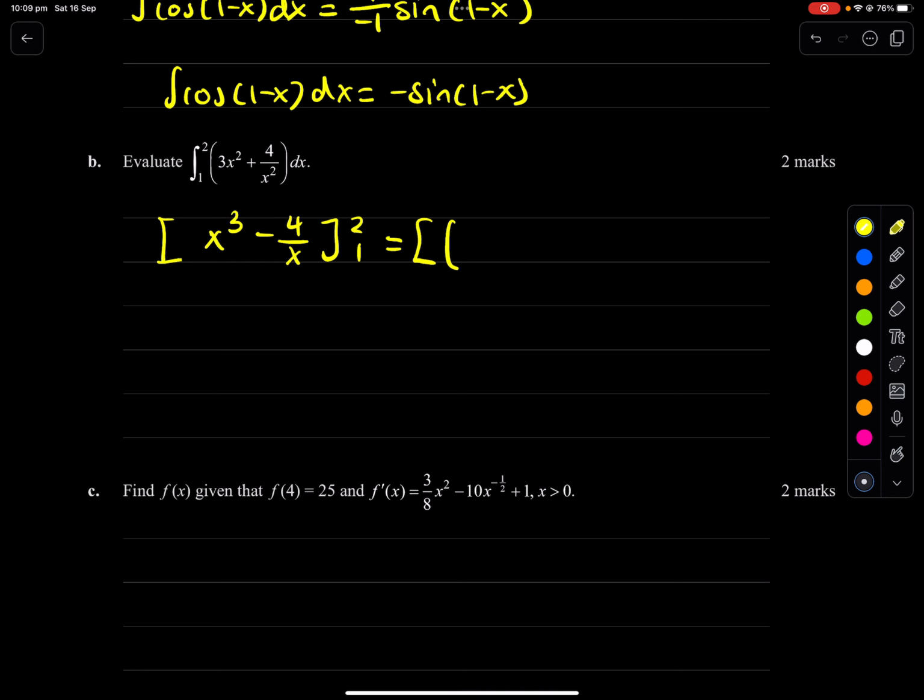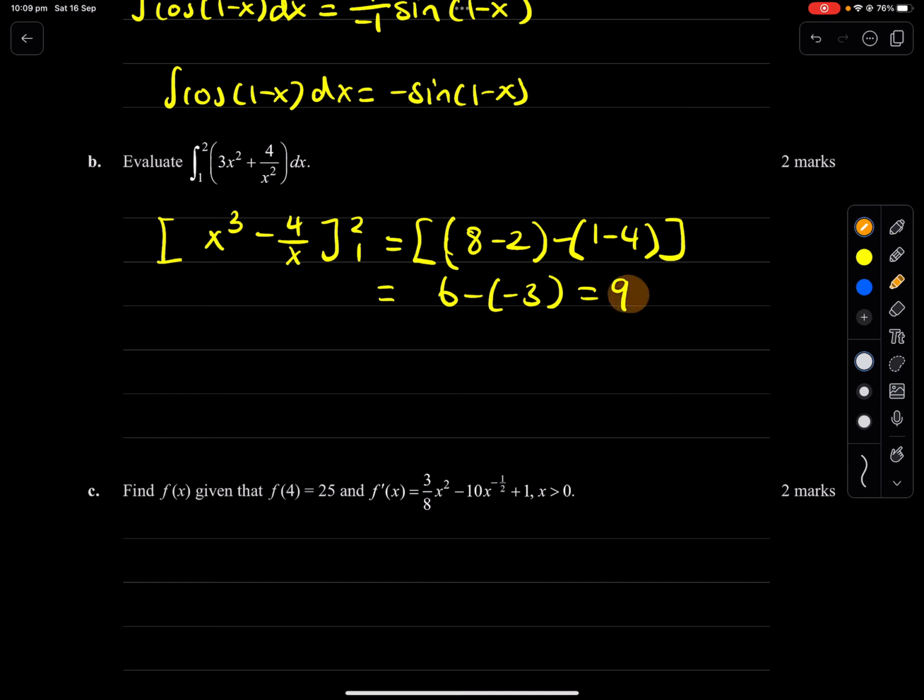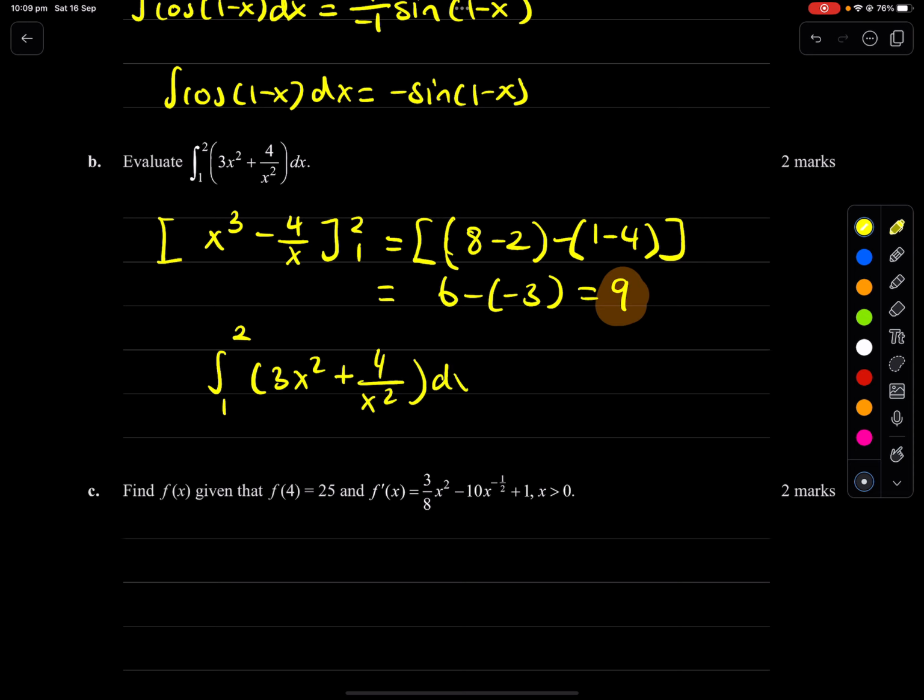Okay, so we're saying 8 minus 2 minus 1 minus 4, which is 6 minus negative 3, which is 9. Alright, so your final answer, we write it: 1 on 2 of the integral of 3x squared plus 4x squared dx equals 9.